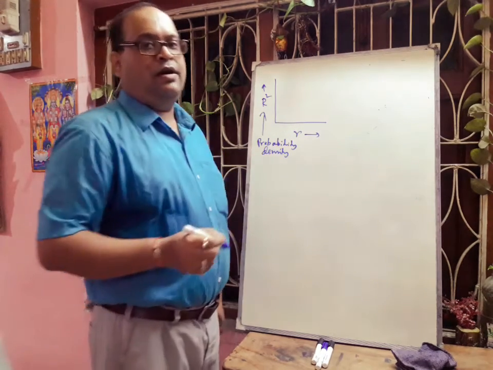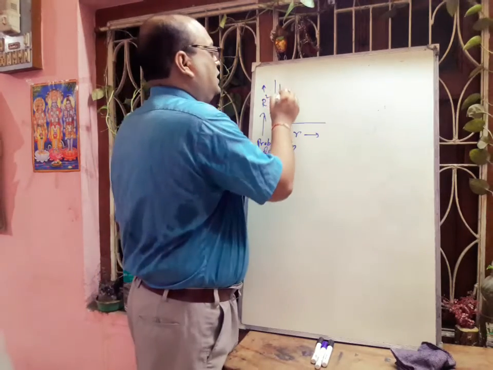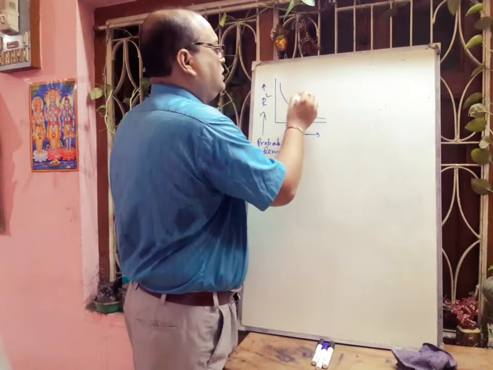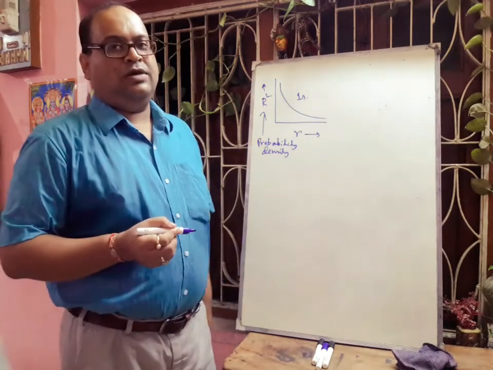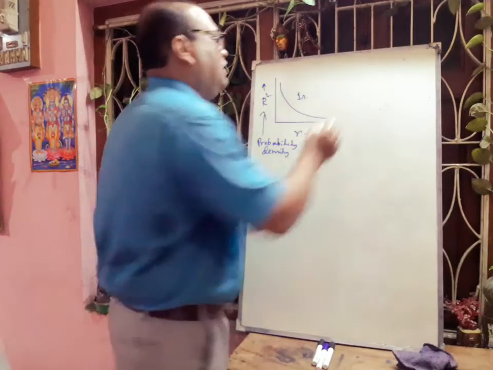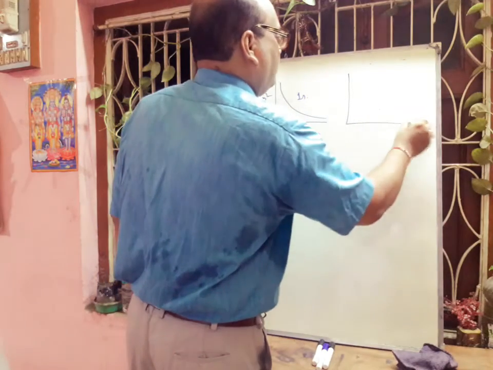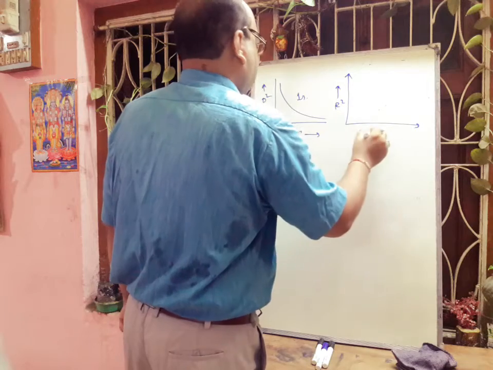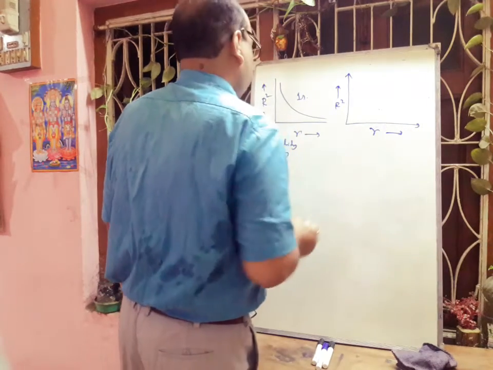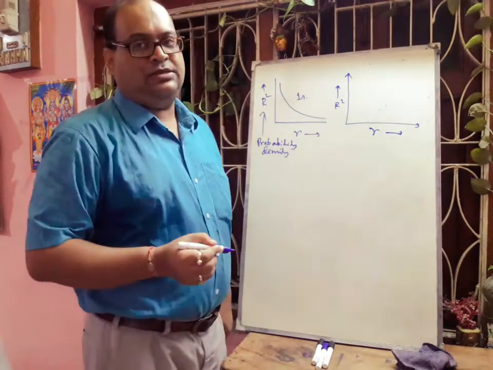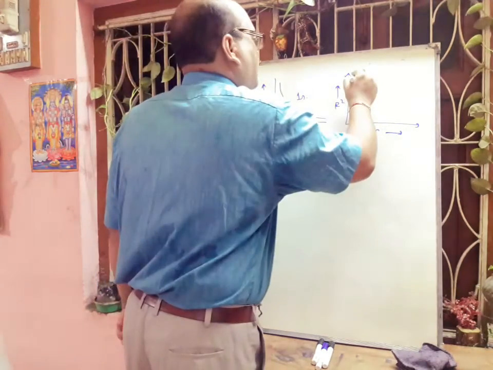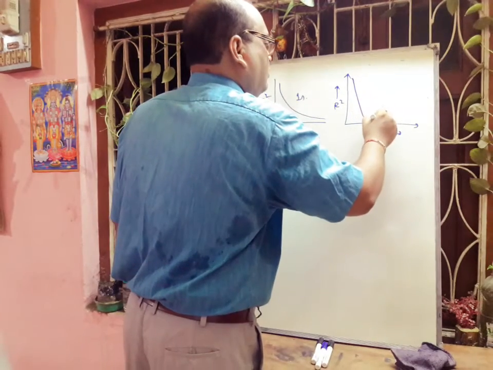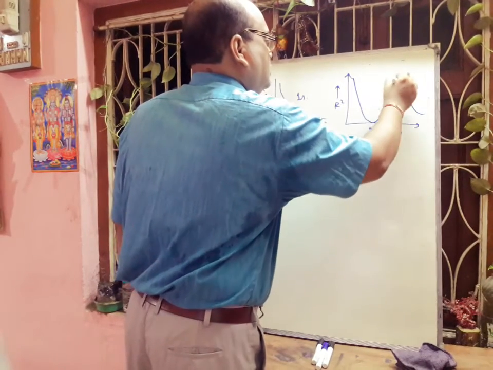Okay. Now if we draw the line, then you can understand this one. This one is the 1s. Okay. Now if we plot the R square versus r, for 2s, definitely we will get one node. Curve will be like this. This one is for 2s.